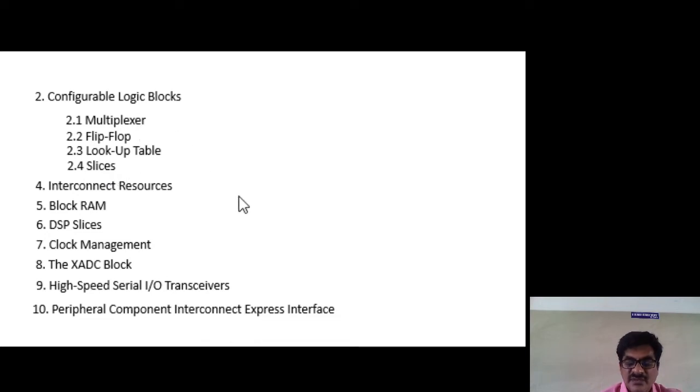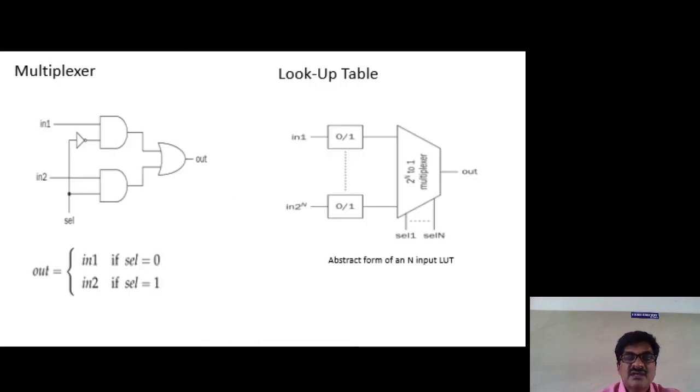Coming one by one, first the multiplexer. Already we know that the multiplexer is a selector network based on the select data. The selected input is connected to the output. In general, the size of a multiplexer can be represented as 2 power n by 1.